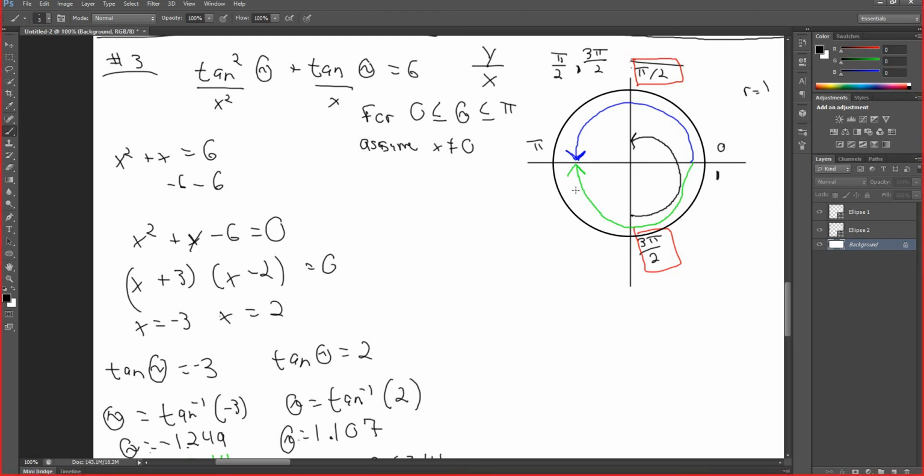What's the minimum value? Here's 0. So I could go further to pi. What would the x value be at pi? -1. So my range, to recall for sine and cosine, is -1 to 1.